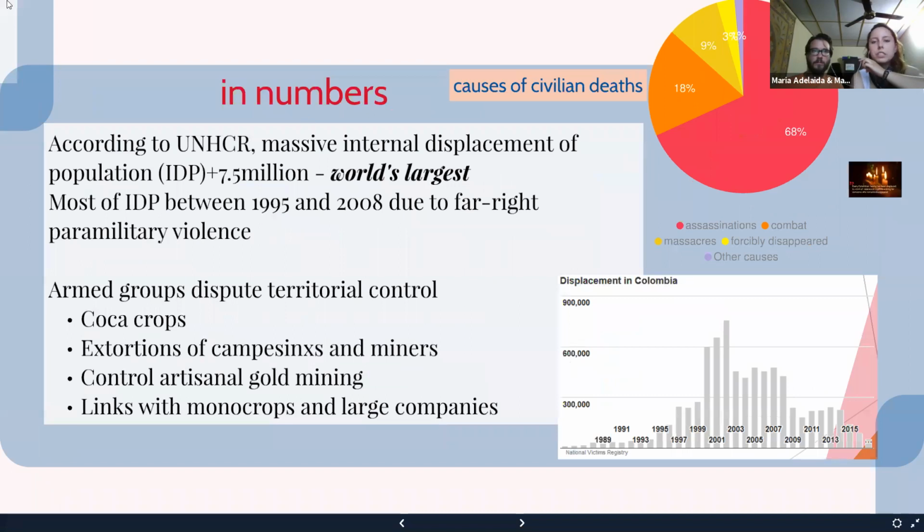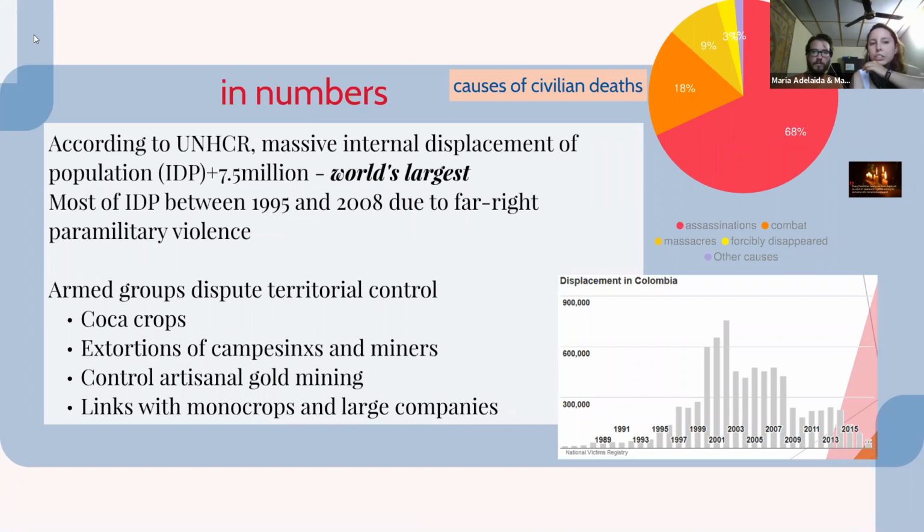What has happened during the conflict is that, according to the United Nations High Commissioner for Refugees, Colombia has the world's largest massive internal displacement of population, with over 7.5 million internally displaced people, which is a lot.